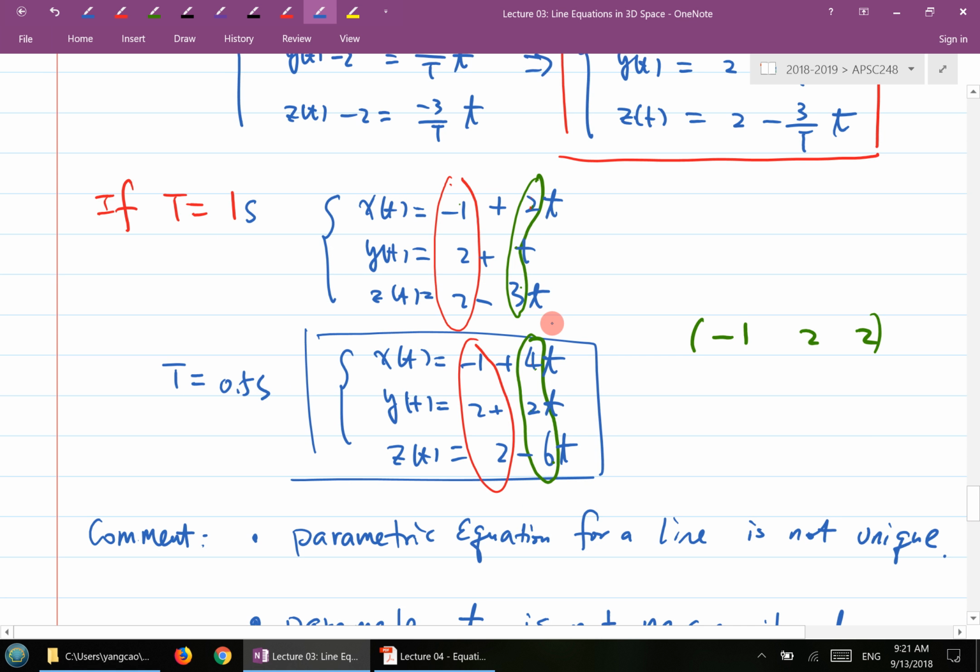If I change the t to s, it doesn't change the parametric equation, right? It's just a parameter. Then I let x of s equal x of t, y of s equal y of t, and z of s equal z of t. So basically I'm trying to solve for the same solution. If there is the same solution, this means all the points are shared by the two lines.